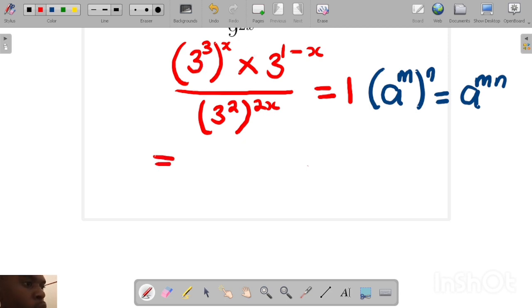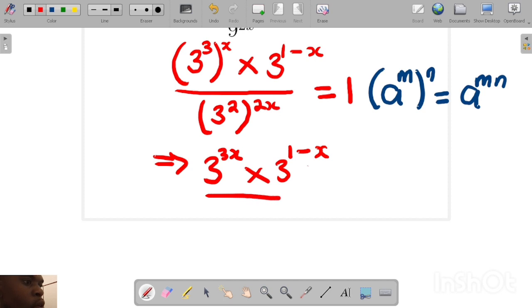We are going to have 3 to the power 3 times x, which is 3x, times 3 to the power 1 minus x, over 3 to the power 2 times 2x, which is 4x, is equal to 1.